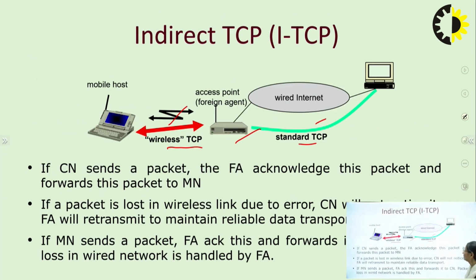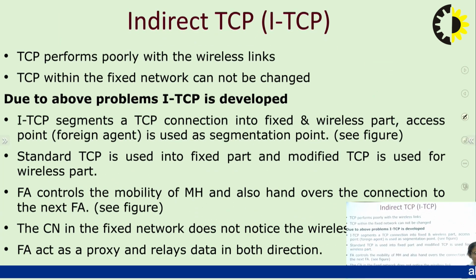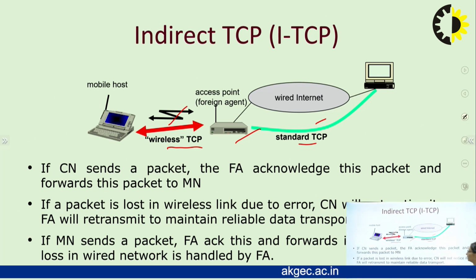In this case, this is my FA, this is my MH and this is my CN. The FA acts as a proxy and relays the data in both directions. Here, the FA is responsible for relaying in this direction as well as in this direction.